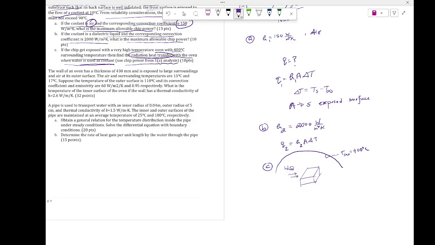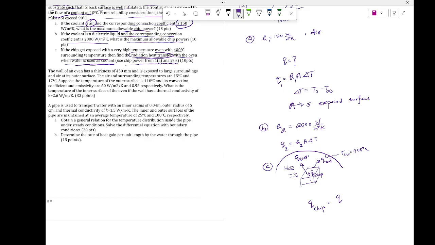Now, first things first, you'd like to write the surface energy heat balance, right? So this Q here, Q chip, is equal to Q convection plus Q radiation.